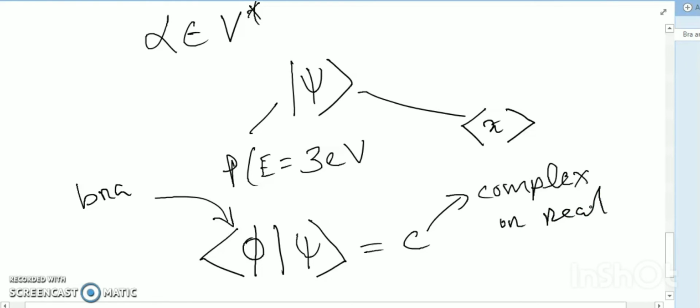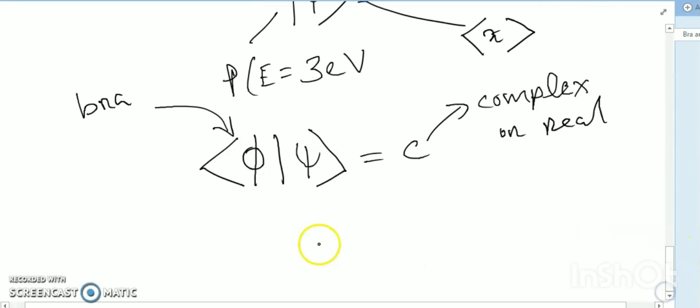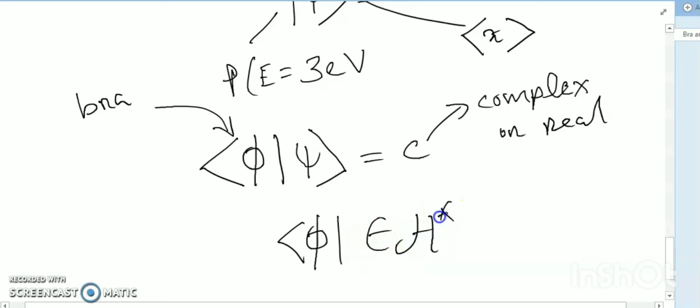As we stated before, bras live in the Hilbert dual space. So when we put a bra and ket together to get a number, it looks suspiciously like an inner product in this notation.